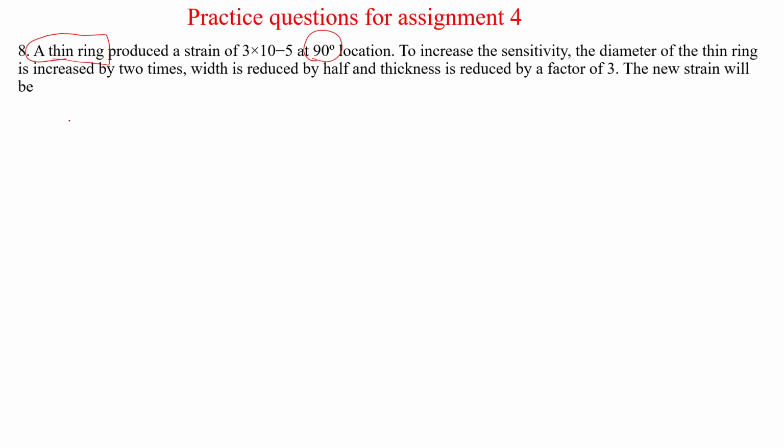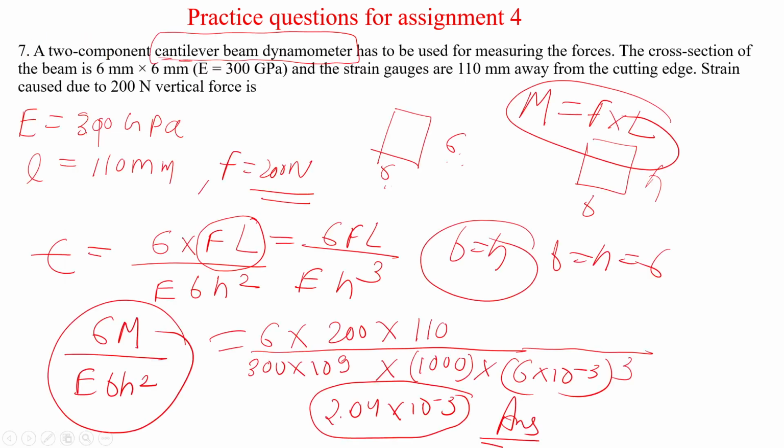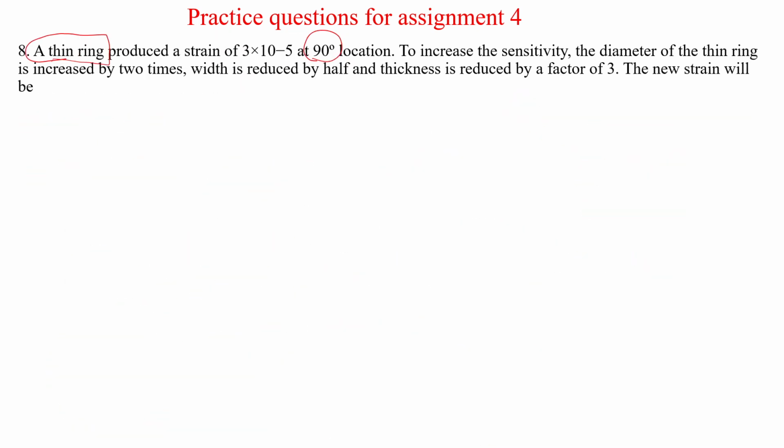E at 90 degree is equal to plus or minus 1.09 into FR upon EBT square. This is a formula. We have this strain value already, which is equal to 3 into 10 to the power minus 5.